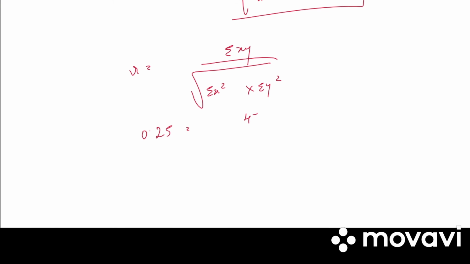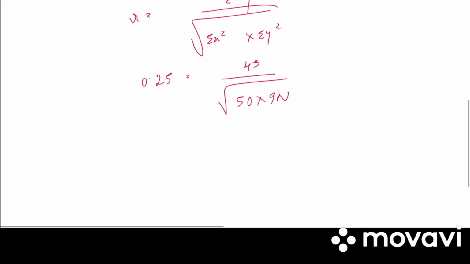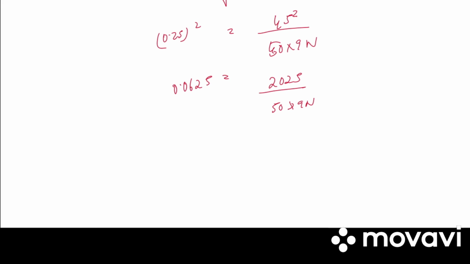What is r? It is given in the question, 0.25. What is summation xy? It is 45. What is summation x square? 50 into summation y square. Instead of y square, we will be writing 9n because we need to find n. Again, squaring both the sides, 0.25 square is equal to 45 square divided by 50 into 9n. So 0.0625 is equal to 2025 divided by 50 into 9n. 50 into 9n, instead of that we can write 450n.